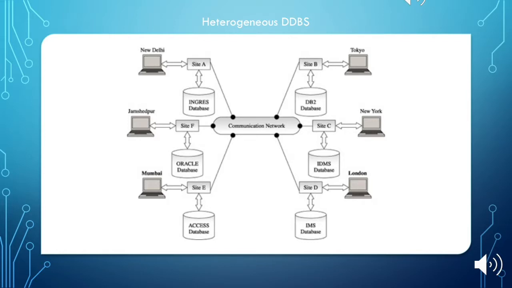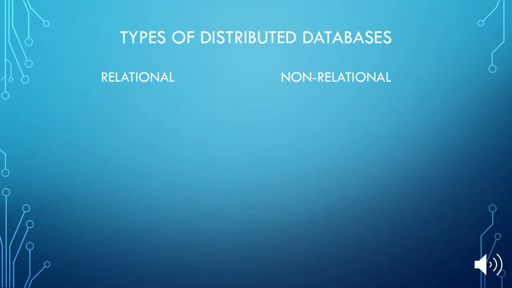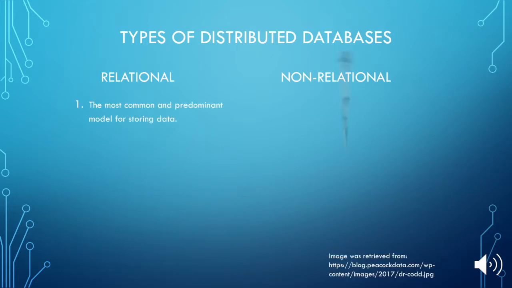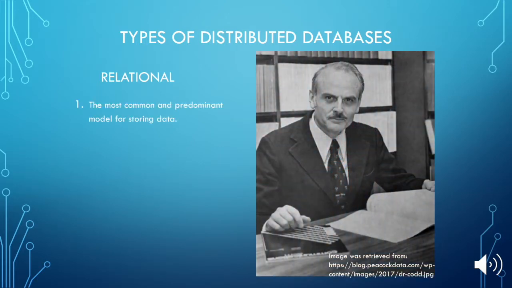There are two most commonly used types of distributed database. Those are relational database and non-relational database. With the relational database management system, most databases in use today are based on a relational database model invented by Edgar F. Codd of IBM San Jose Research Laboratory.